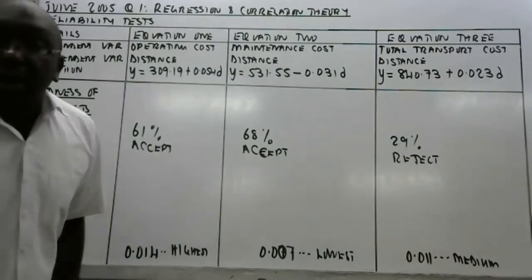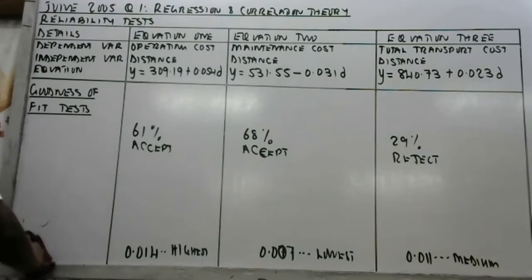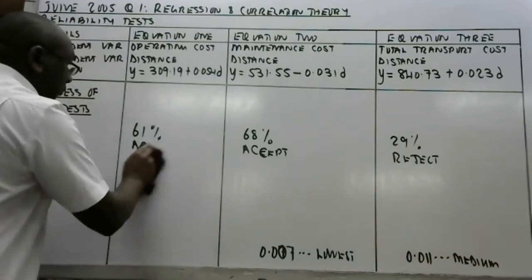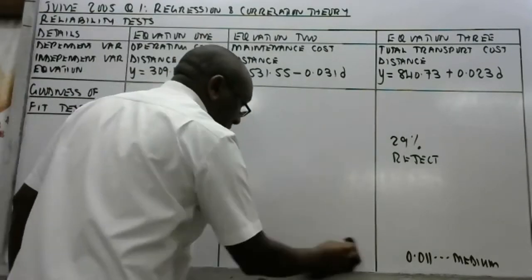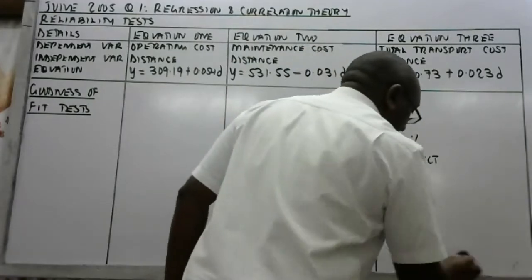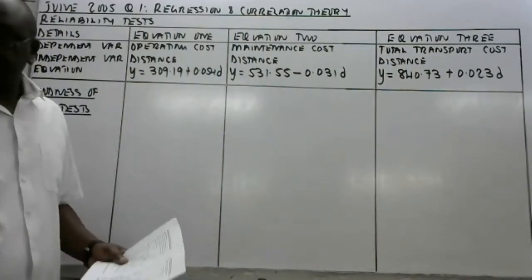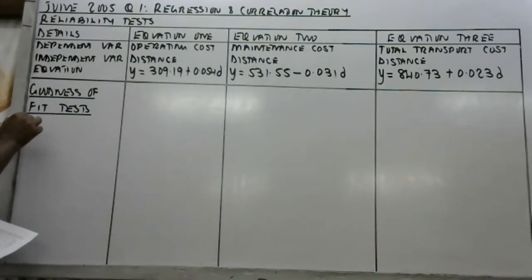I said there are 6, and I have mentioned 5. The last one is called the t-test.